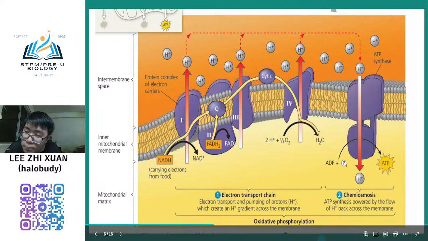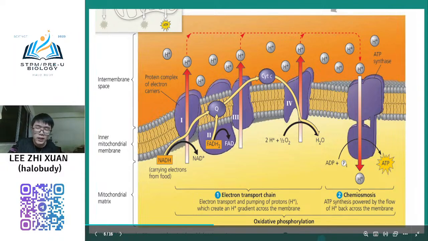Let me answer one question. Is it ATP synthase or synthetase that is involved in chemiosmosis? The enzyme involved is ATP synthase, not synthetase. What is the difference between these two enzymes? I already forgot, but I think there is a book that mentions it.